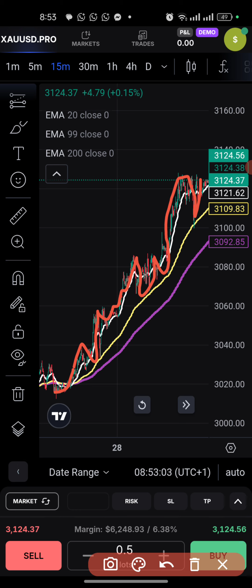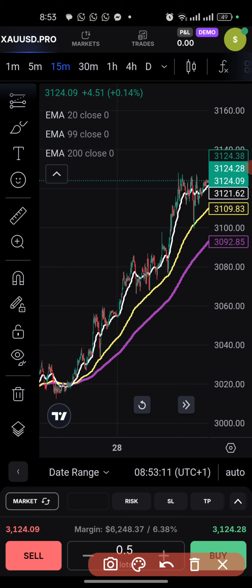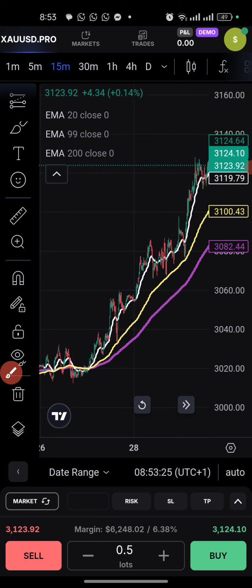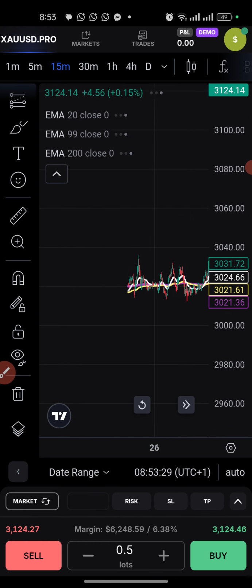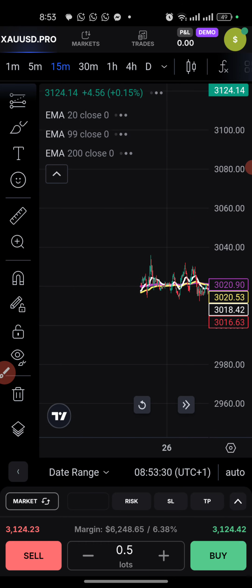Now, whenever you find price above the 200 EMA, which is the purple line, the market is bullish, meaning we are usually in an uptrend. Let's look for where we had price below, and you will need to observe this on different time frames to understand how price reacts with these EMAs.